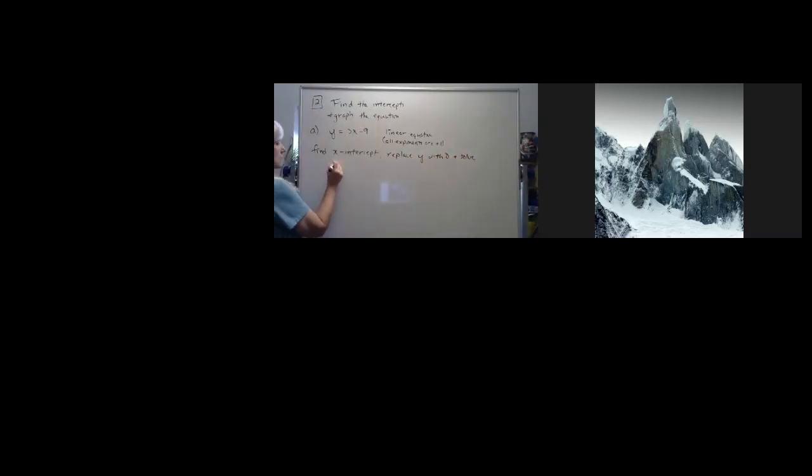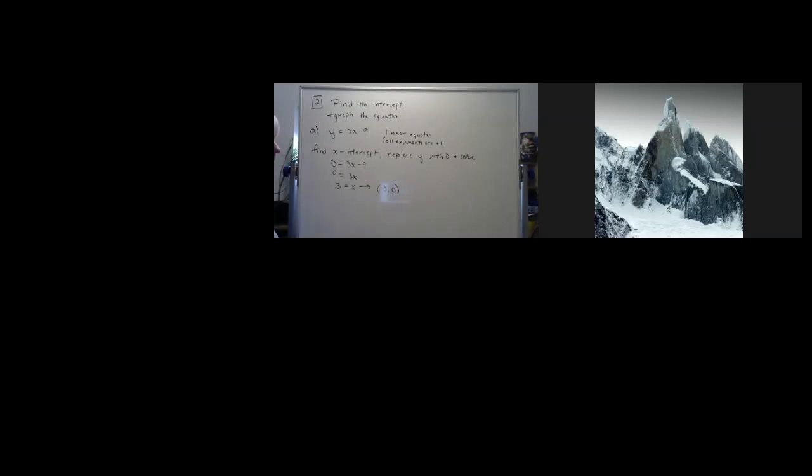So that means 0 equals 3x minus 9. We'll move our 9 over. That'll give me 3x equals 9. And then dividing by 3 is going to give me 3. So the x-intercept is 3. Always write this as a point. So this is the point 3, 0. Again, we replaced y with 0. We got an x value of 3. So we know the graph is going to cross the x-axis at a positive 3.